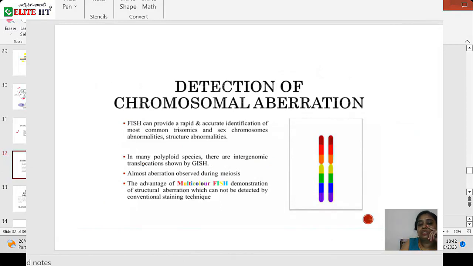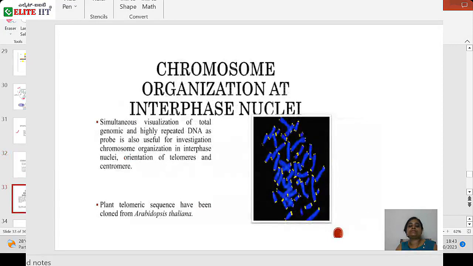So translocation also you can visualize, and aberrations observed during meiosis. The advantage of multicolor FISH is the demonstration of structural aberrations which cannot be detected by the conventional staining method. Multiple regions can be visualized only through this in situ hybridization method.